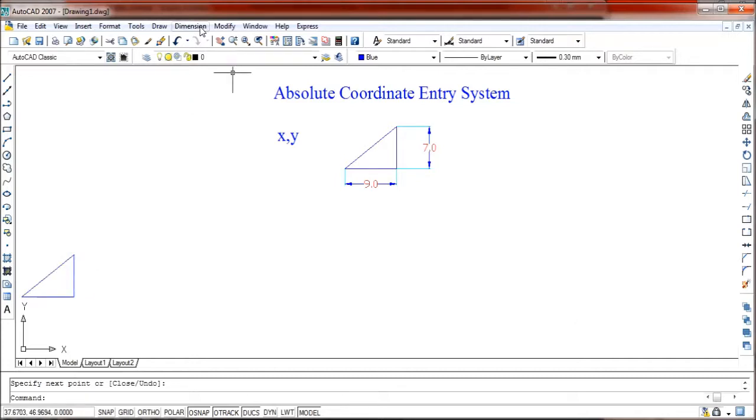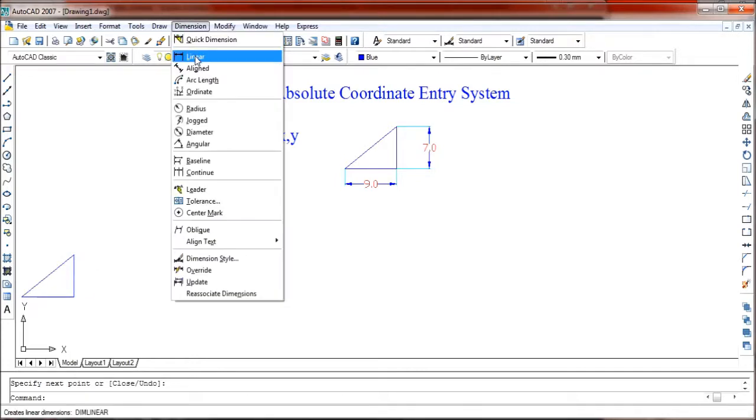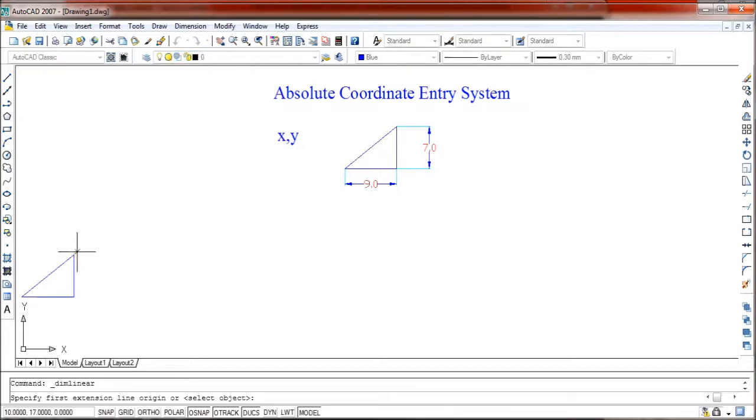If we see the dimension of our triangle, it must be the same as the dimension mentioned on the above triangle. So the height, the base dimension is also 9, which is the same as this one. So this is the absolute coordinate entry system.